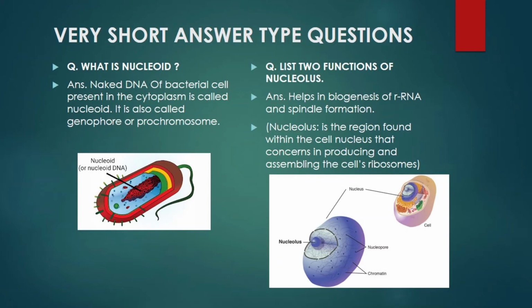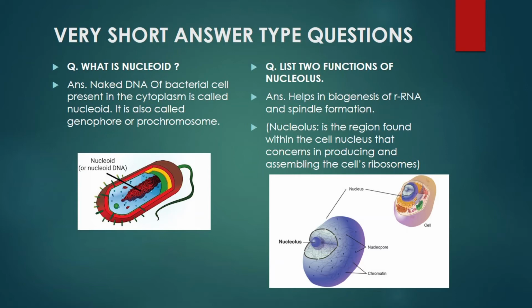Spindle fibers refer to the cytoskeletal structures of a eukaryotic cell, which are formed during cell division to separate the sister chromatids between the daughter cells. So these are the two functions of the nucleolus.